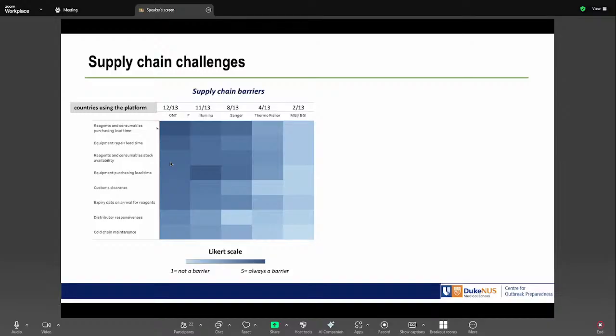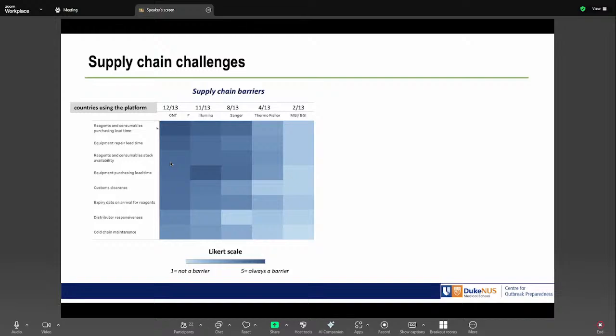And in research labs, I know we tend to use the reagents anyway, but this does cause big problems if you're in a national public health laboratory, if you're in a clinical setting, etc. So essentially, expiry date of reagents on arrival is a big one.